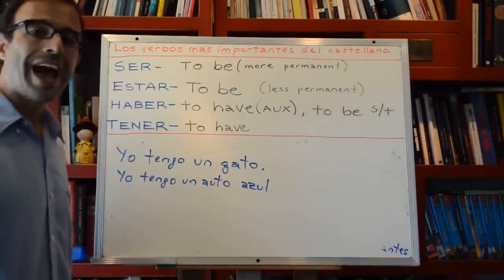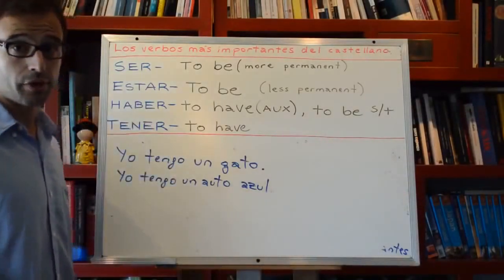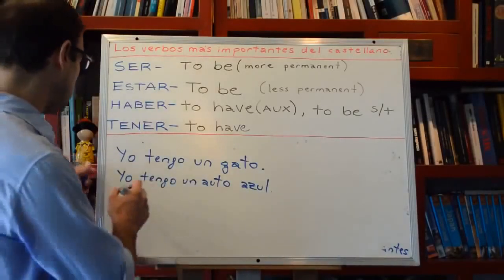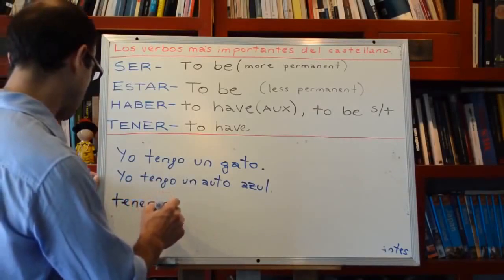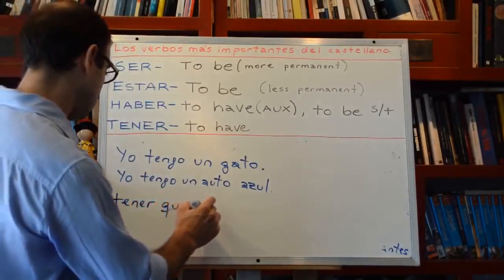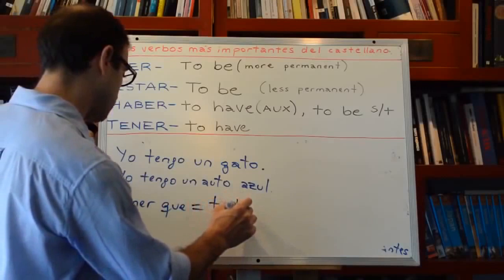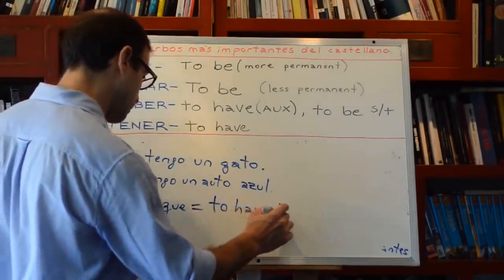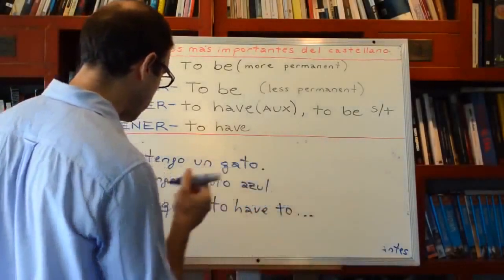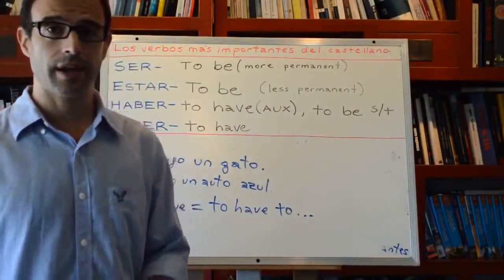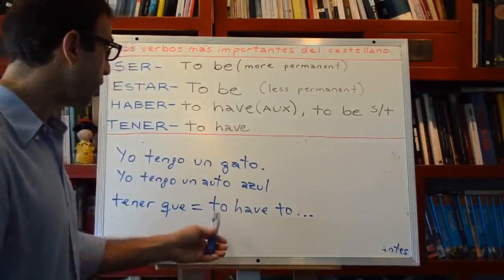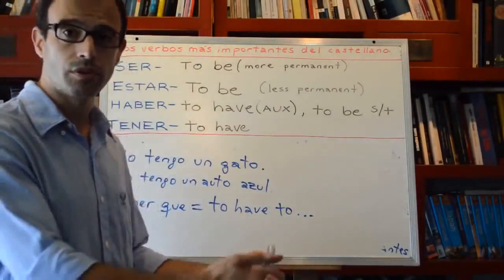Also, to have to, like the verb to have to, we would say tener que. Look. Tener que means to have to. To have to whatever. For example, I have to go to the bank. So to have to, I mean like to must do something, okay?